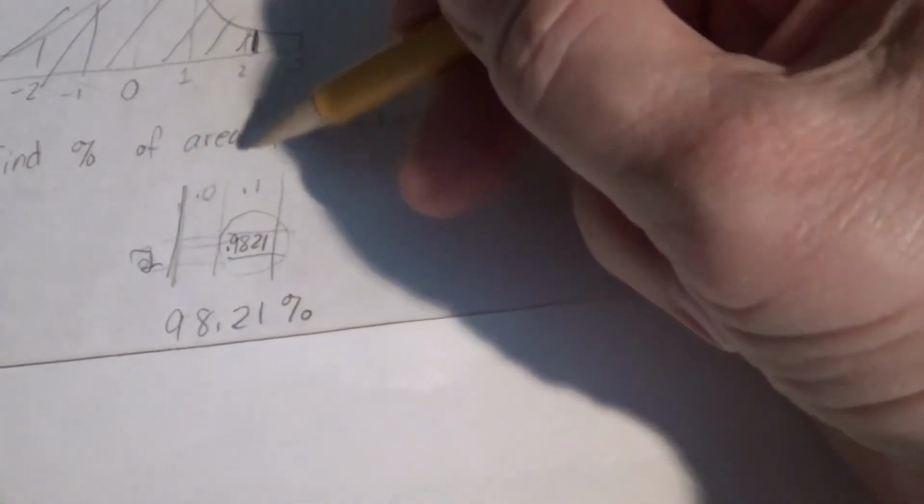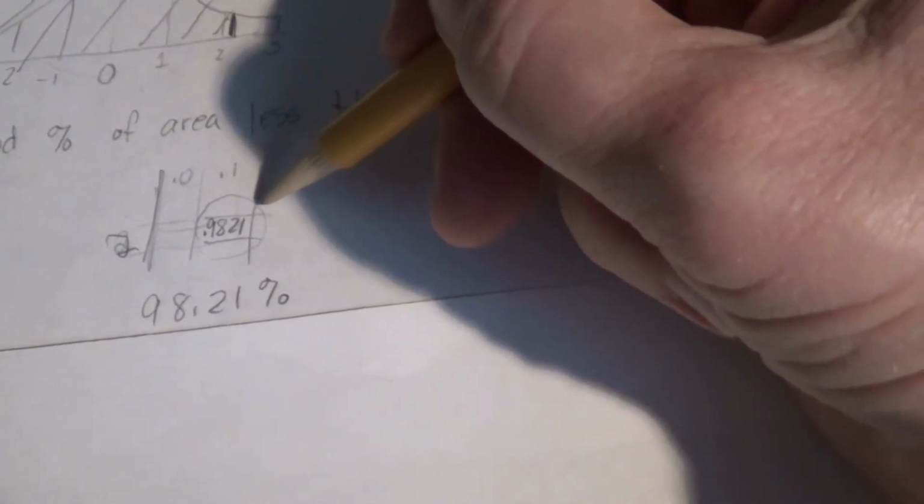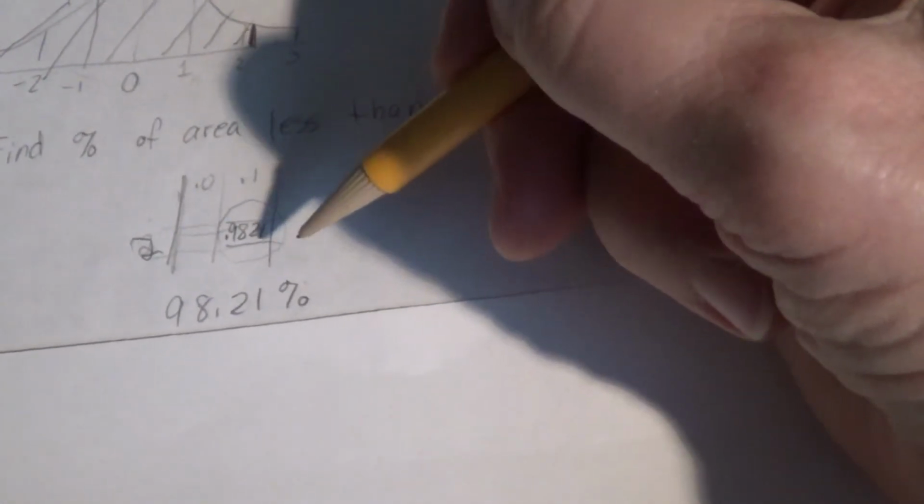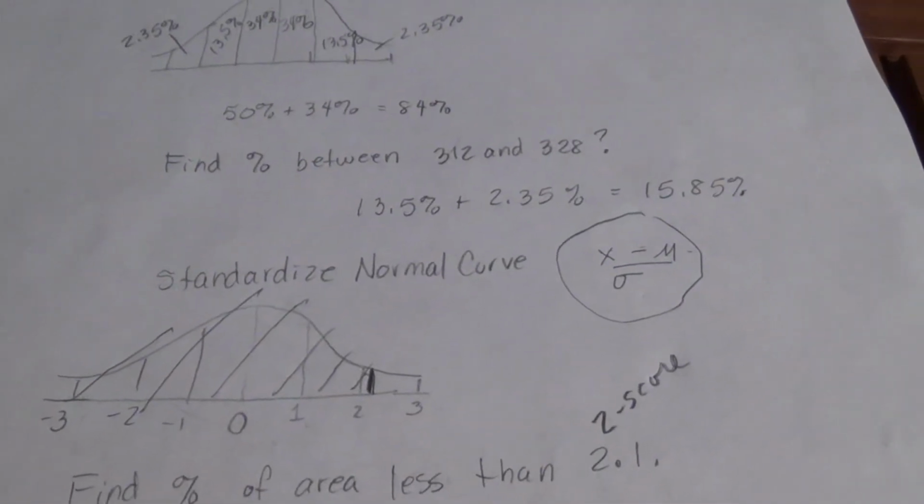And then we came across this margin, and then we came across the 0.1, and we read the little block that corresponded to 0.1, and we got 0.9821, which corresponds to 98.21%, which makes sense because a lot of the curve was striped.